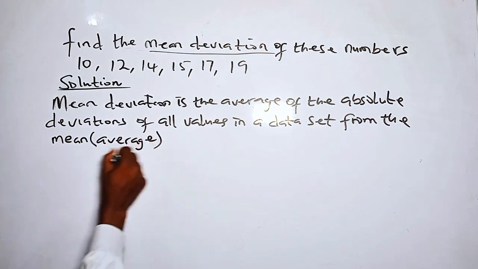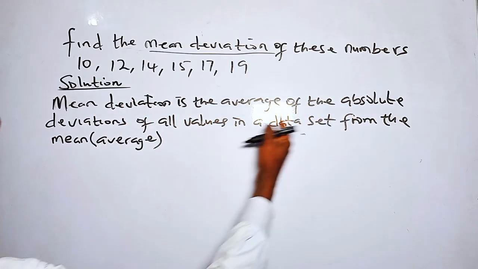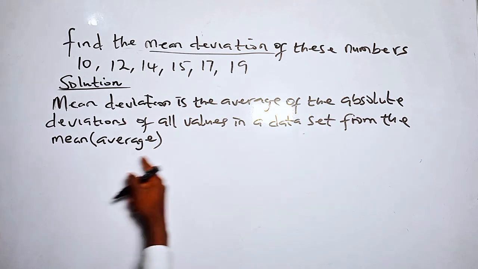So we say mean deviation is the average of the absolute deviations of all values in a data set from the mean.